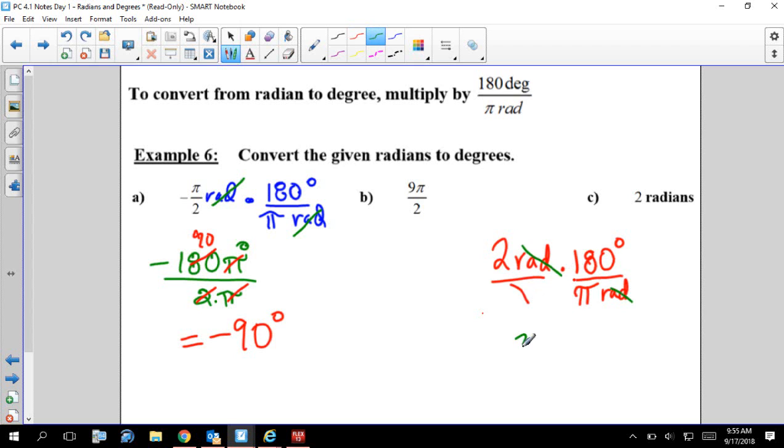You get 360 divided by pi degrees. That's the exact answer. If that is bothering you, then you're going to have to use your calculator. It's approximately 114.59 degrees.